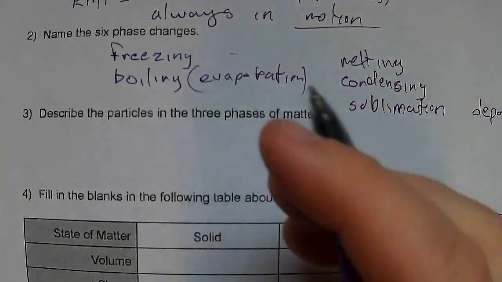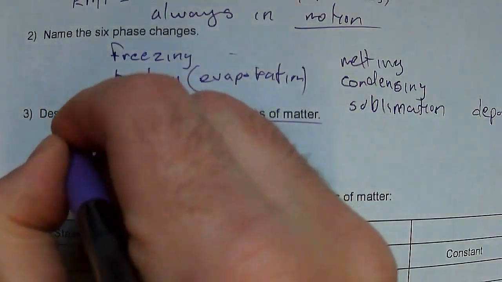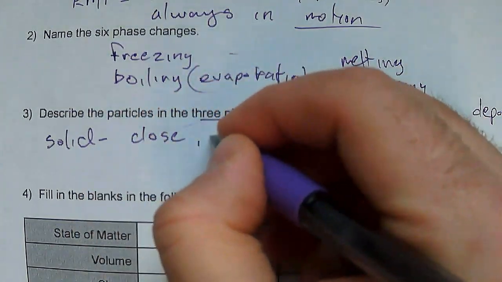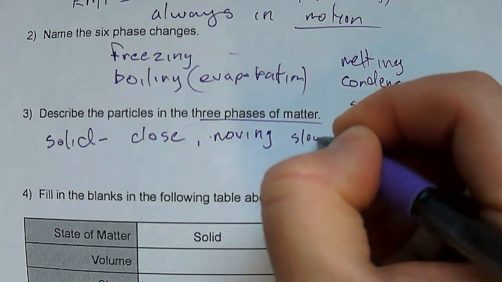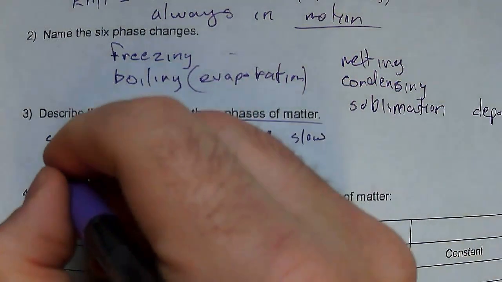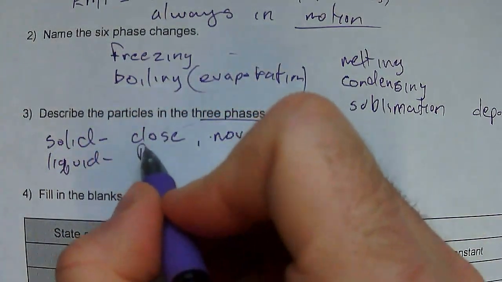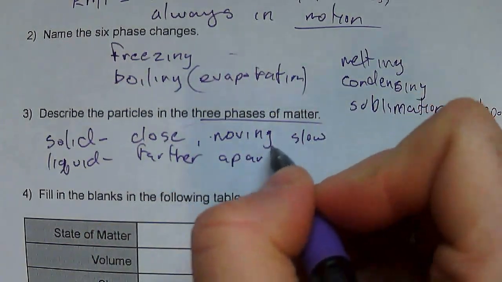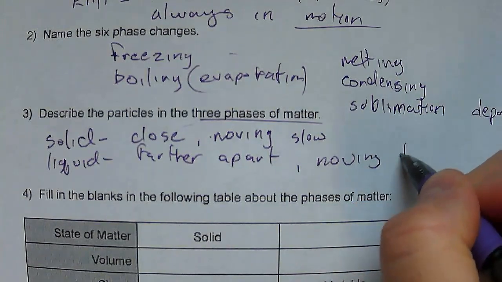Okay, so the particles in the 3 phases of matter. Okay, we have a solid. In this case, the particles are close together, moving slow compared to their other phases. Okay, a liquid, the particles are farther apart and kind of moving faster.